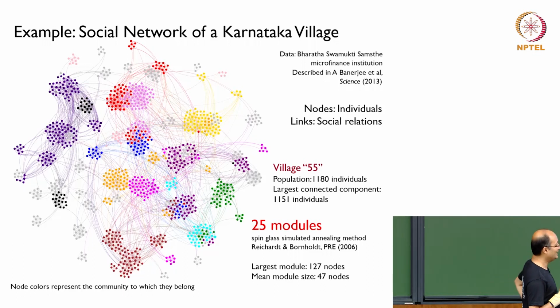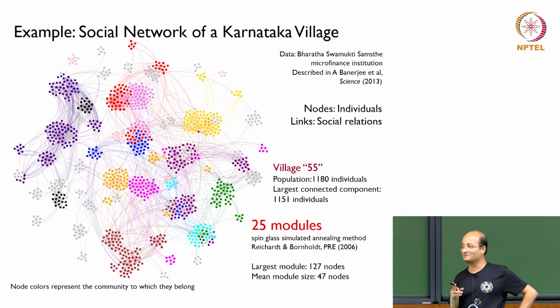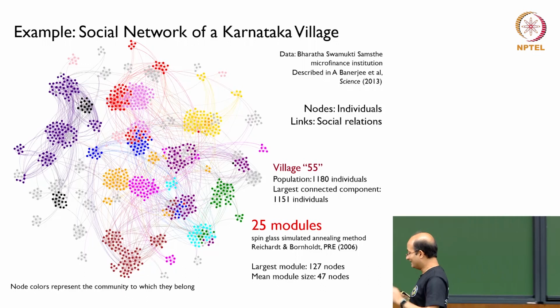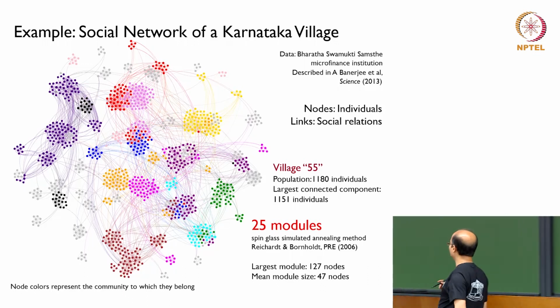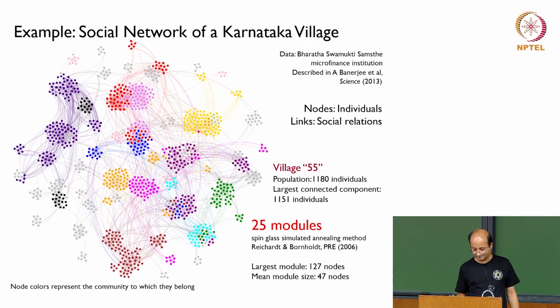He used a set of data which was collected not for the specific purpose of his paper. There was an NGO called Bharat Swamukti Samasthe, which was a microfinance institution.